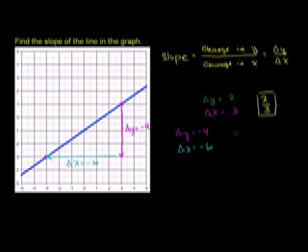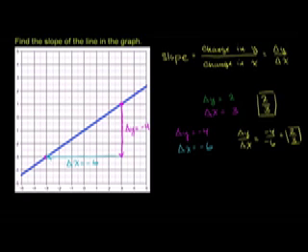So what is my change in y over change in x? My change in y over change in x is equal to -4 over -6. The negatives cancel out, and what's 4 over 6? Well, that's just 2 over 3. So it's the same value, you just have to be consistent. If this is my start point, I went down 4, and then I went back 6. -4 over -6.